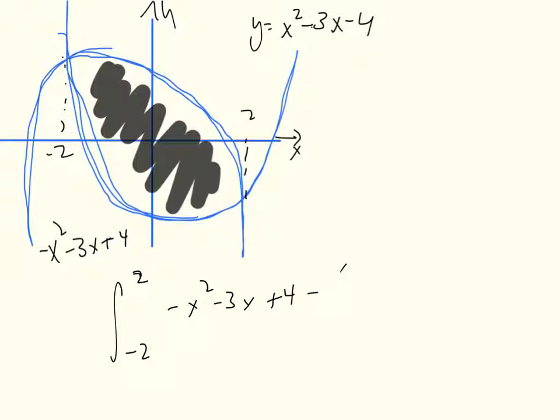If you change the order in which we evaluate these functions, your answer will be different. Next to your rules of integration, the order in which we write these is the most important. So we're going to evaluate that first function of negative x squared minus 3x plus 4, and we're going to subtract the second.